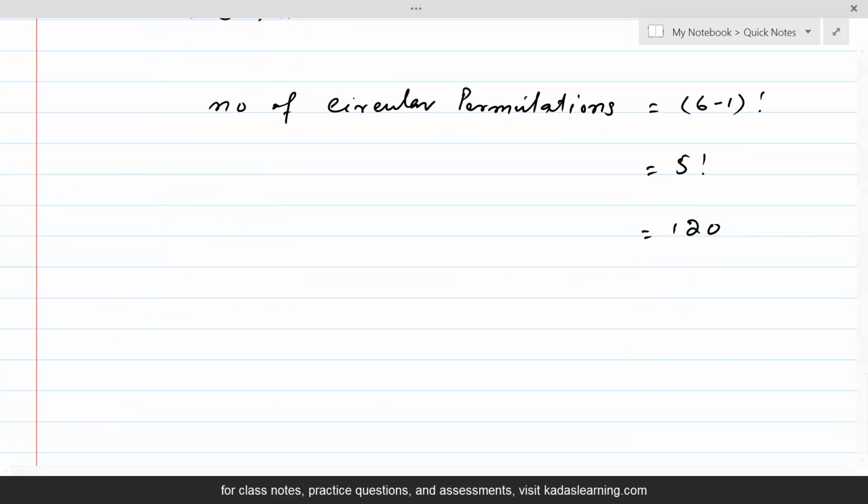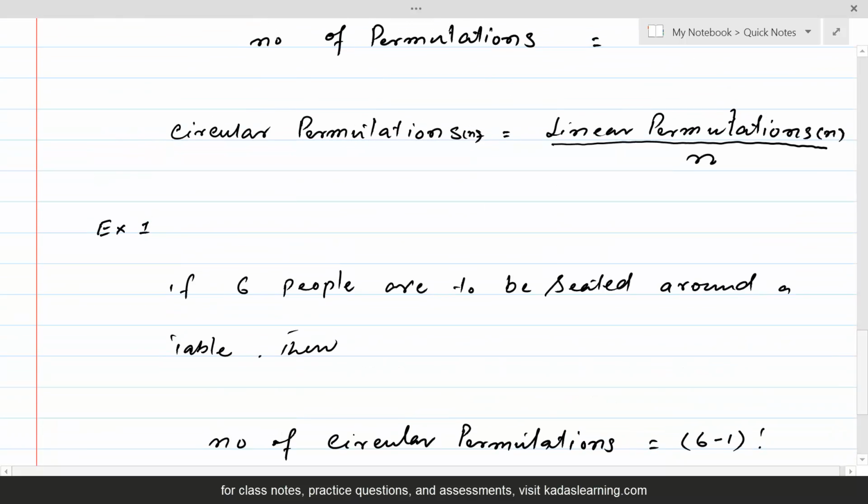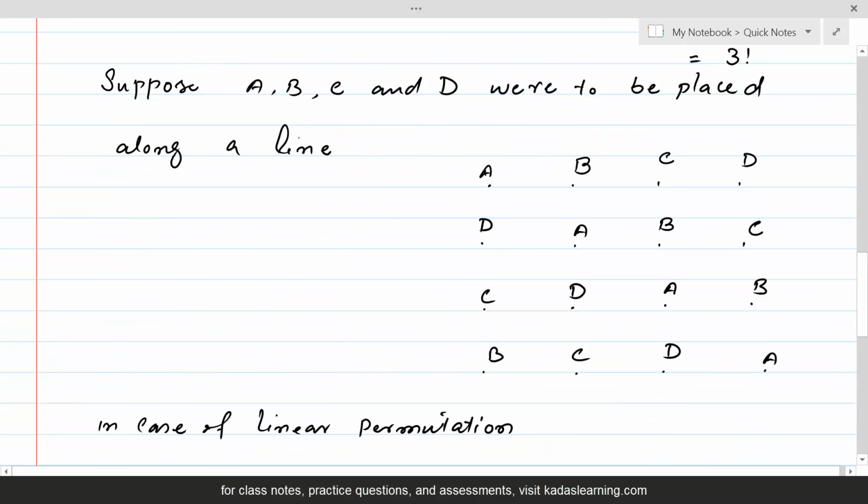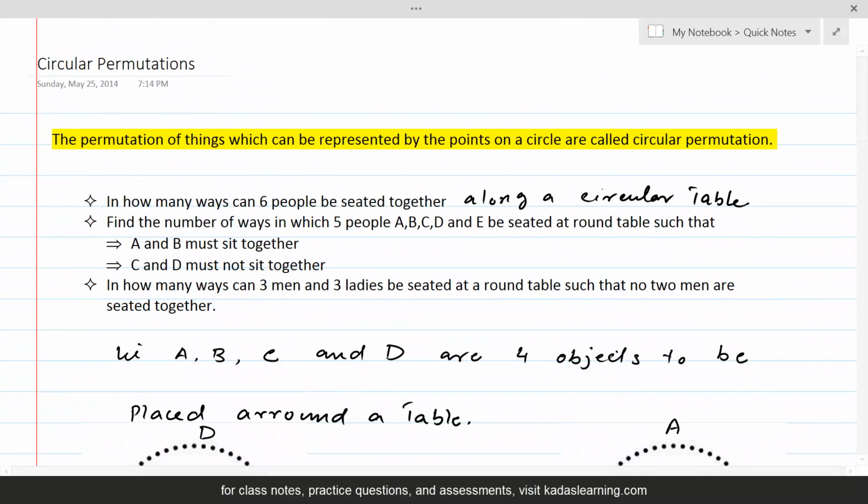In the second example, it says: find the number of ways in which 5 people A, B, C, D and E can be seated around a table such that A and B must sit together.